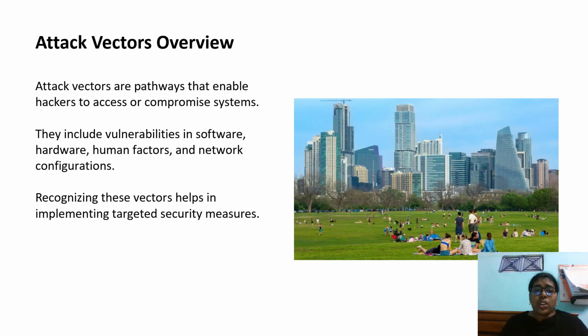Attack vectors overview: an attack vector is a pathway that enables hackers to access compromised systems. This can include vulnerabilities in software, hardware, human factors, and network configuration. Recognizing these vectors helps in implementing targeted security measures.